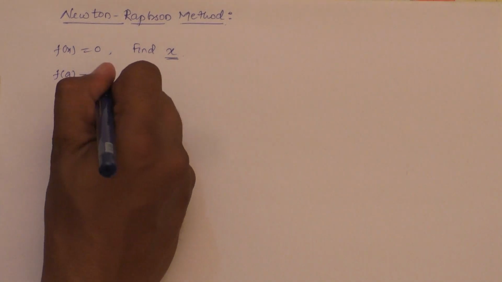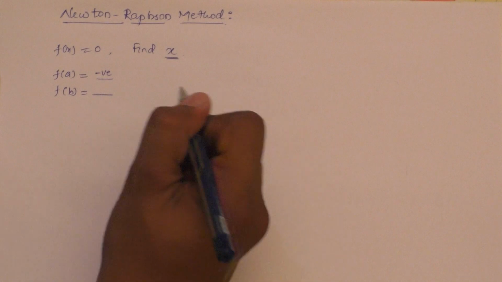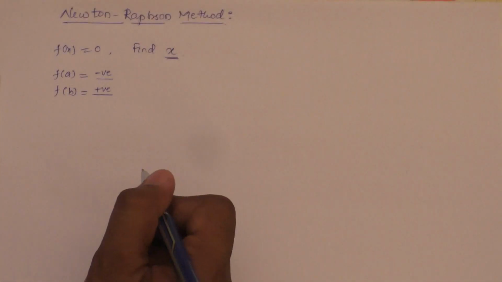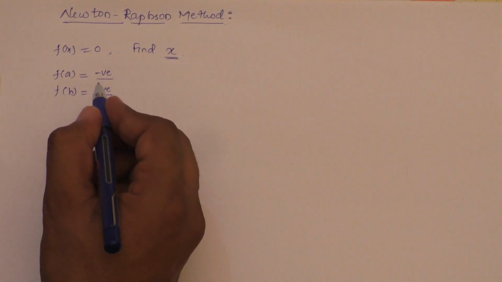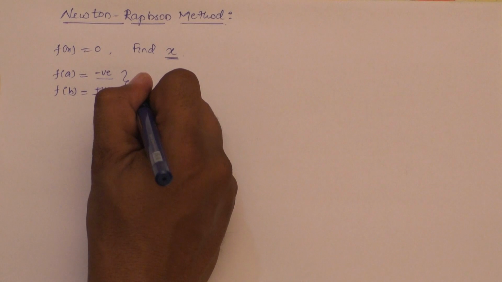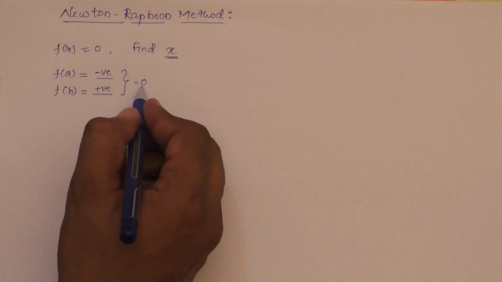Some value will lead to a negative value and another to a positive value. Then we can say there is a value in between these two which leads to 0.